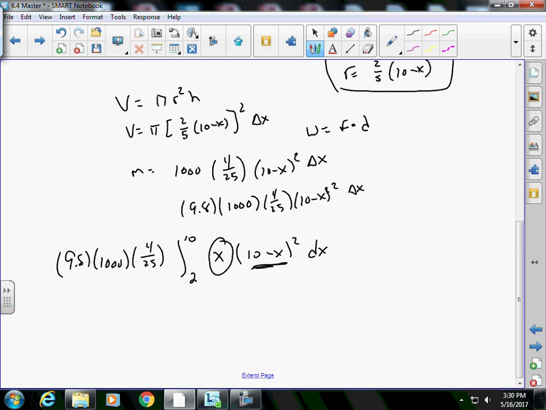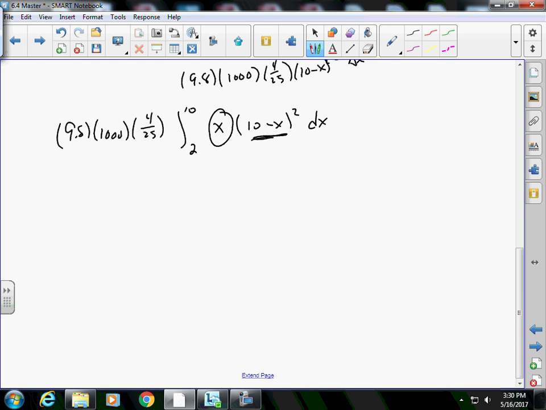Remember, work is f of x dx. So I now have 1568, if I had a calculator, from 2 to 10. Expanding this on the right-hand side, I have x cubed minus 20x squared plus 100x dx. I can then integrate that.